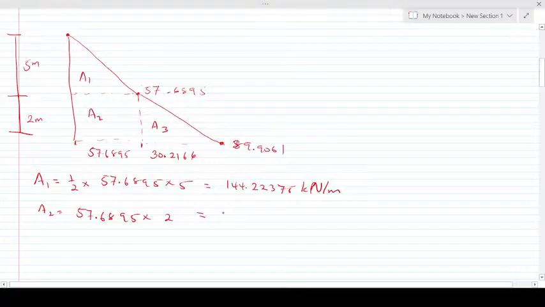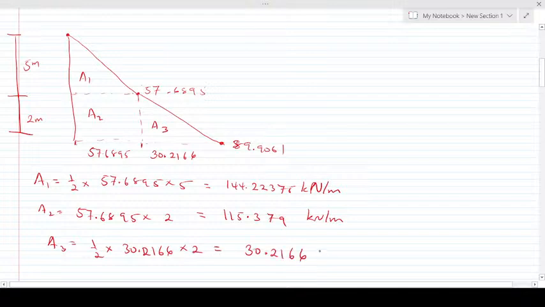And this will be giving us 115.379 kilonewton per meter. Then we find A3, which is a triangle, so half times the base, 30.2166, times the height, which is also 2. And this still gives us 30.2166 kilonewton per meter.